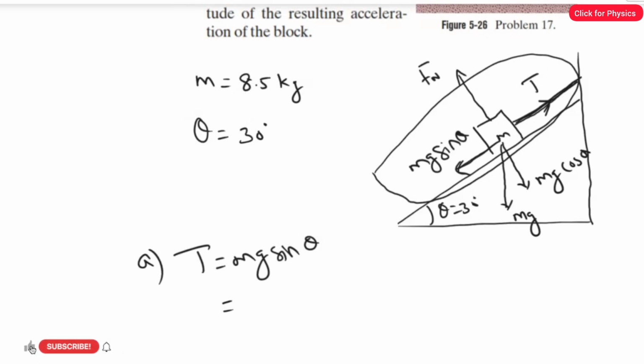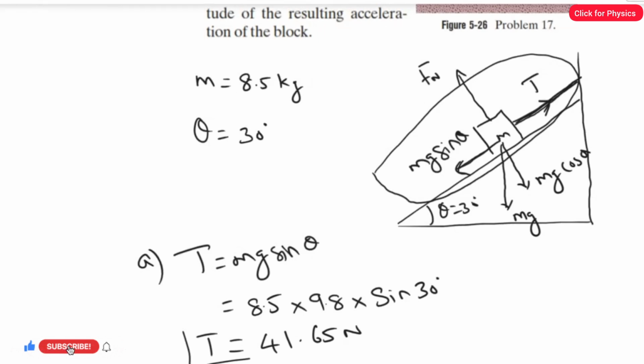So T is 8.5 multiplied by 9.8 multiplied by sine of 30 degree. Here I got the answer as 41.65 Newton. So that's the answer for our A part.